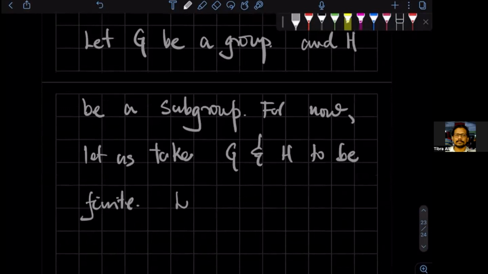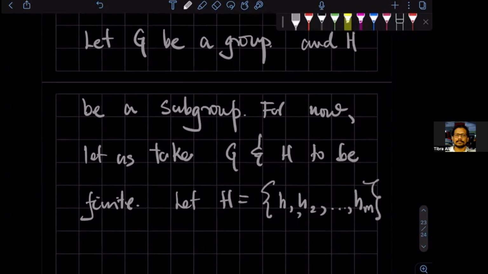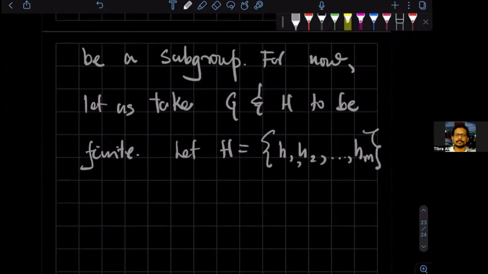Now let H be the subgroup. Let's call its elements H1, H2, up to Hm. Since this is a group, that means that E is a part of H, right? This is a parenthetical remark.